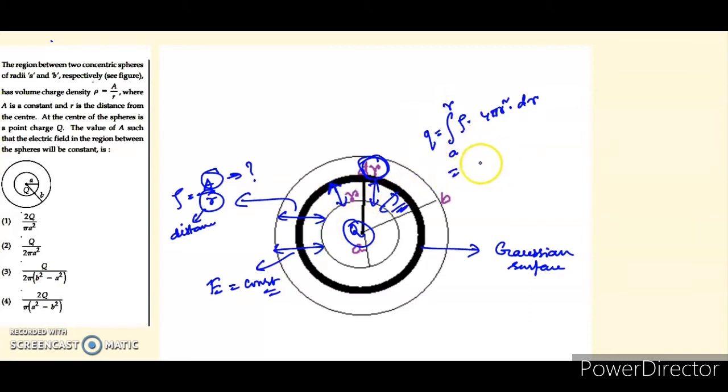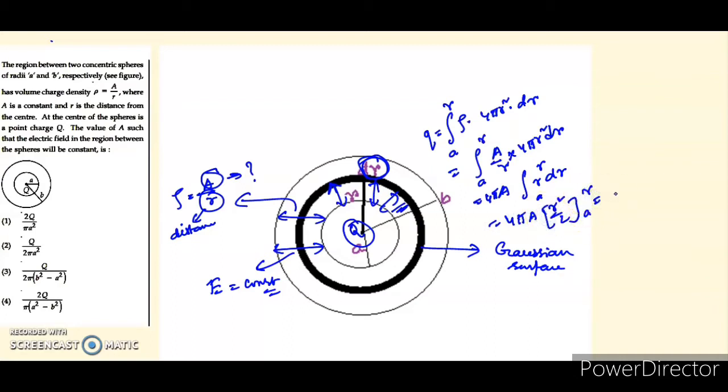Which gives rho is equal to A by r into 4πr² dr, which gives 4π A, where A is constant, and r dr from a to r, which gives 4π A r²/2 from a to r, which gives 4π A by 2 into r² minus a², which gives 2π A (r² minus a²).